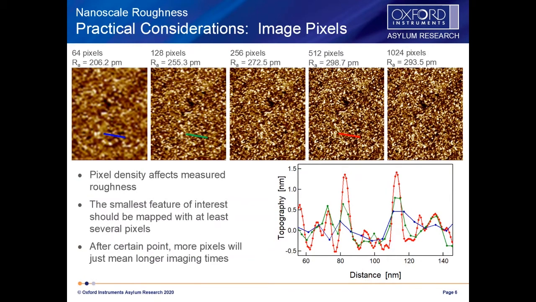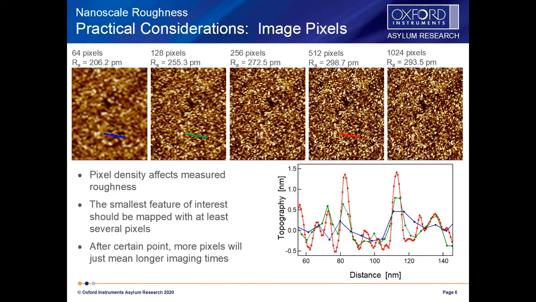So the summary of this slide is: make sure you save enough pixels in the image. But once you are saving enough pixels, just increasing the number of pixels doesn't give you any benefit. It just means that you have longer imaging times. For many measurements where you're doing, say, 1 or 2 micron scan sizes, 500 pixels is usually more than enough.